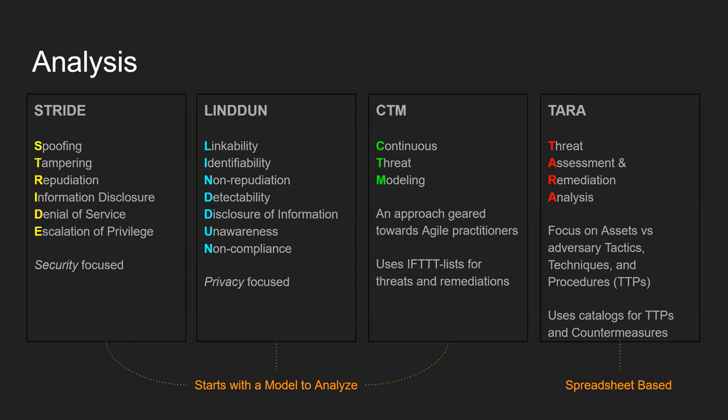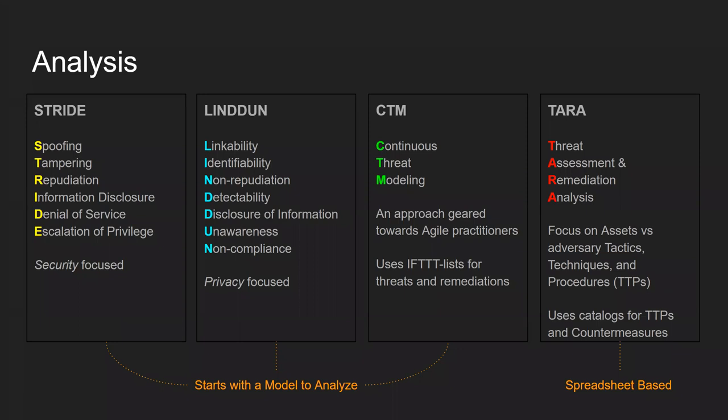So Tara is a very structured approach for doing threat analysis, and as the name implies, threat assessment and remediation analysis. It is used heavily in places where functional safety, especially, or mission critical systems are involved. Primarily in defense applications, but also in automotive and those other safety critical environments.